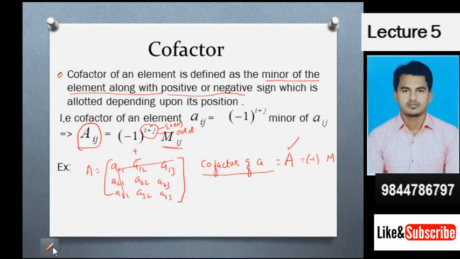The cofactor of A33 can also be written directly as capital A33. It is equal to minus 1 to the power of 3 plus 3, with i equal to 3 and j equal to 3, times M33. What is the meaning of M33? M33 means eliminating the third row and third column.